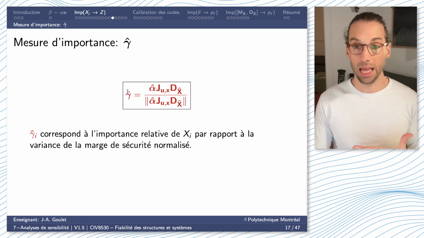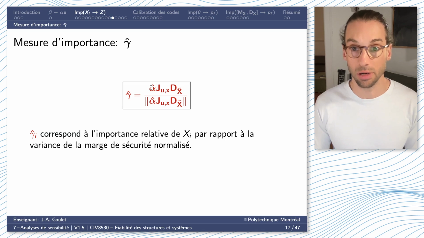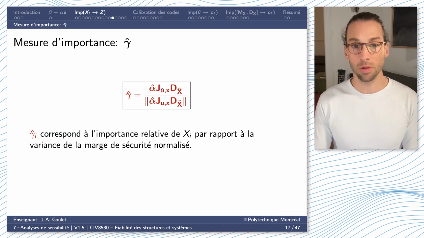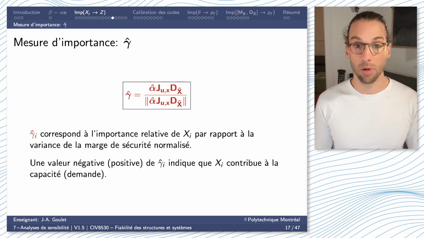So gamma hat is going to be defined by this alpha, the negative normalized gradient vector, times the Jacobian of u to x, and the standard deviation matrix for my equivalent standard space, divided by the norm of this vector, where each gamma i corresponds to the relative importance of my xi with respect to the normalized safety margin.